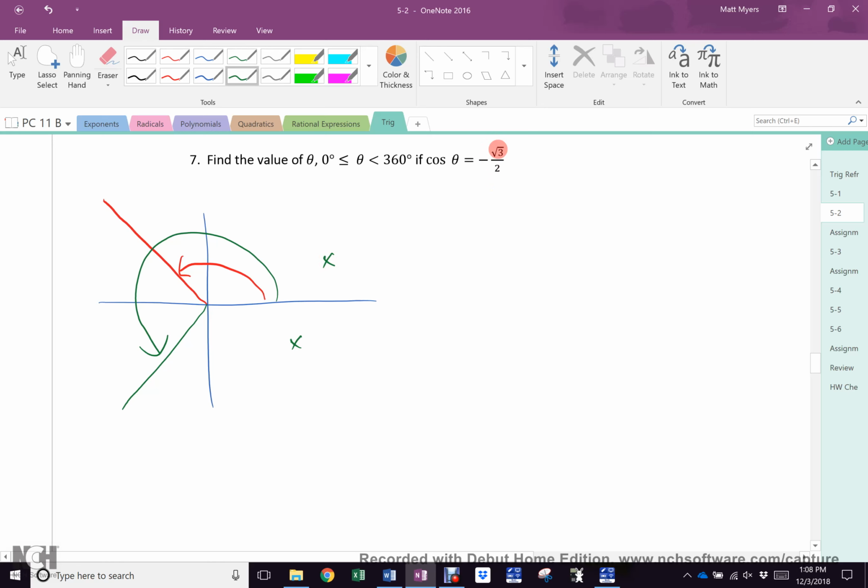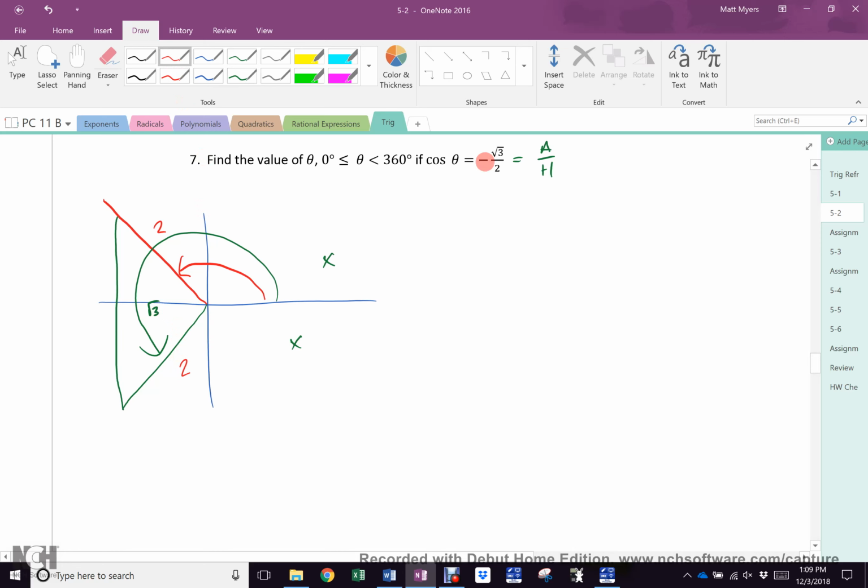What do we know about cos? That's adjacent over hypotenuse. So where's the 2? There. And there's the root 3. What finds me the value?